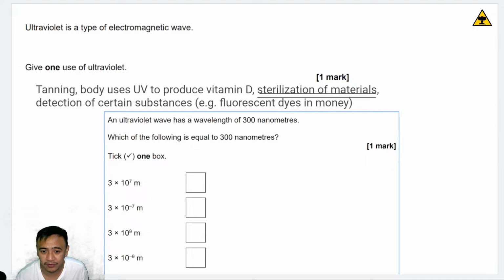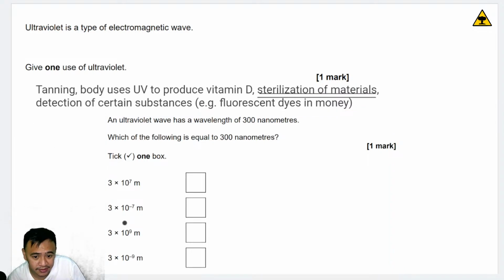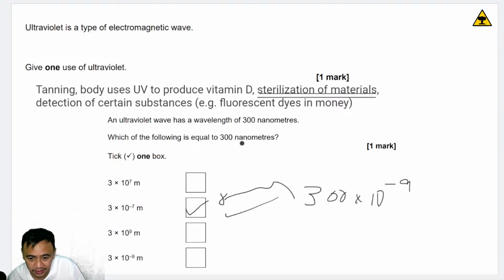It's the second one. That's correct. Just a quick explanation: you can always think of this as 300 times 10 to the minus 9, which corresponds to this. Okay, next.